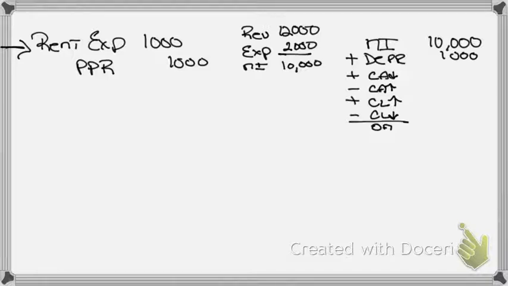We did not, which means we increased our expenses by $1,000, which decreased our net income, but we didn't spend any cash on that expense. So if that's the case, we want to add $1,000 back in because this journal entry decreased our net income by $1,000 because it increased expenses. And that was because our current asset of prepaid rent went down.